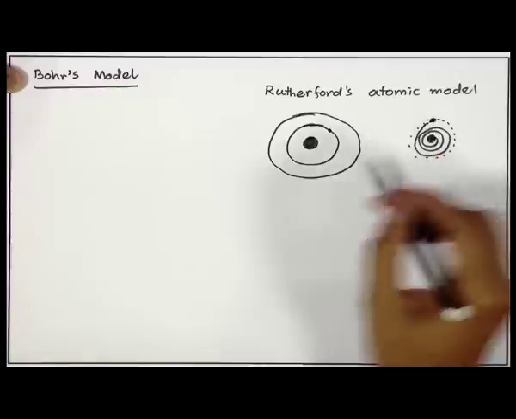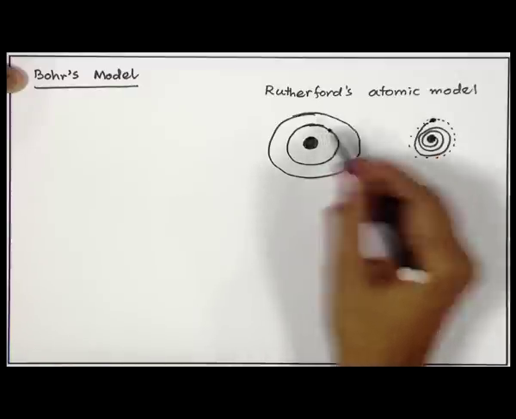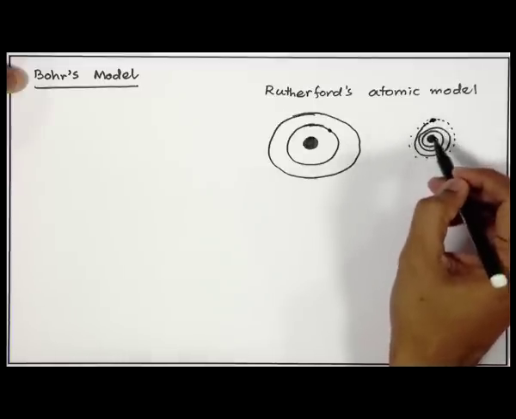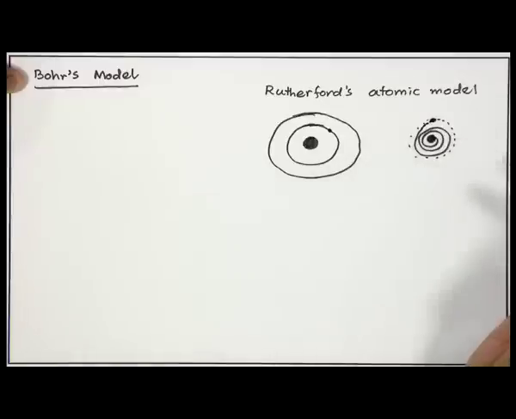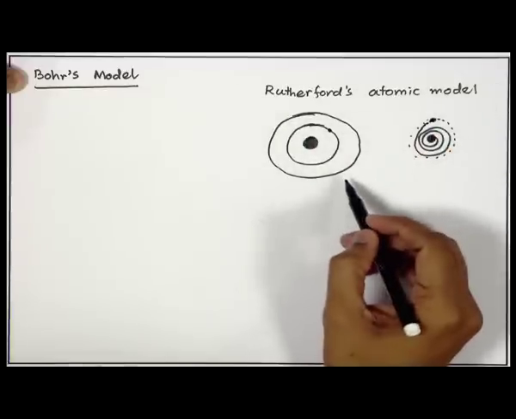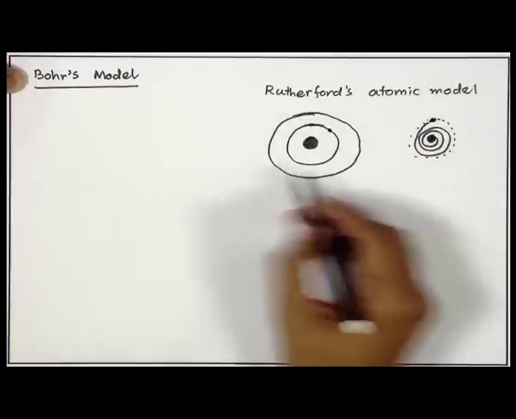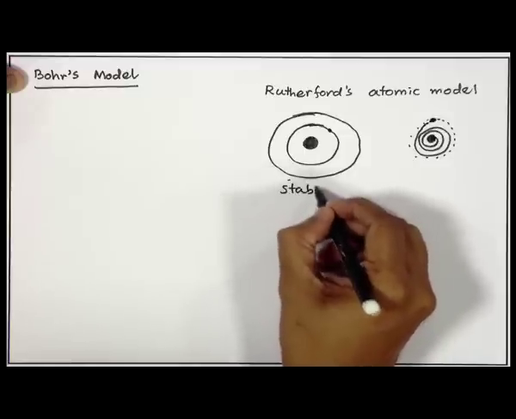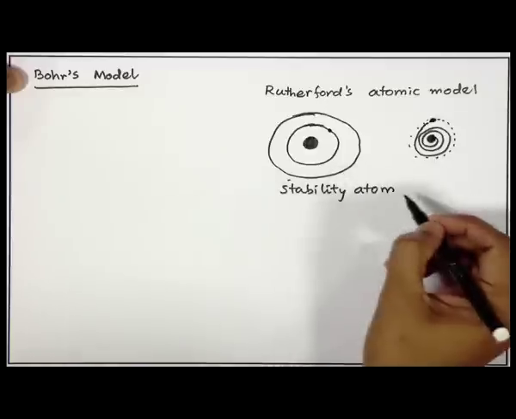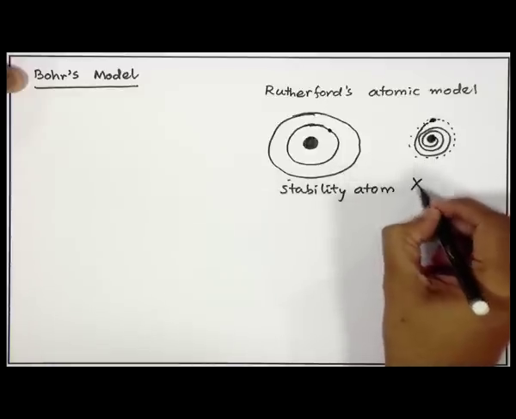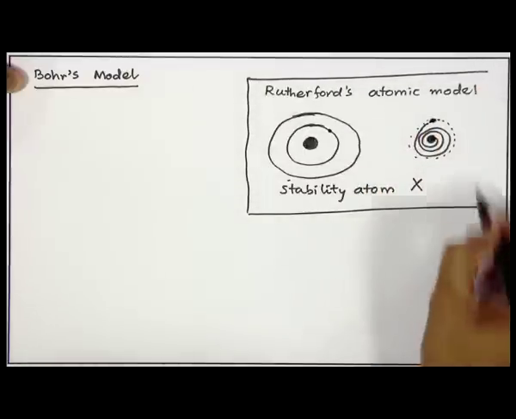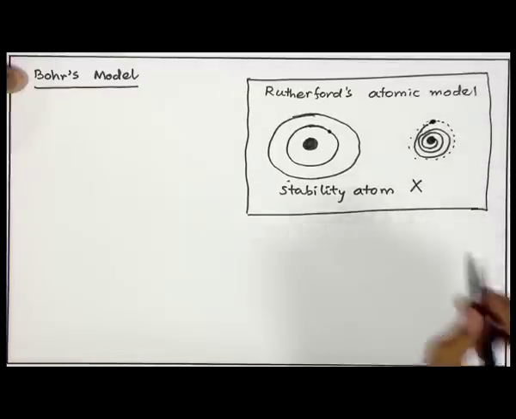That means Rutherford's atomic model should have led to a situation where the electron goes in a spiral path and collapses onto the nucleus. Therefore, the atom should not exist. So, Rutherford's atomic model could not explain the stability of the atom. We should keep this in mind when we discuss Bohr's model.